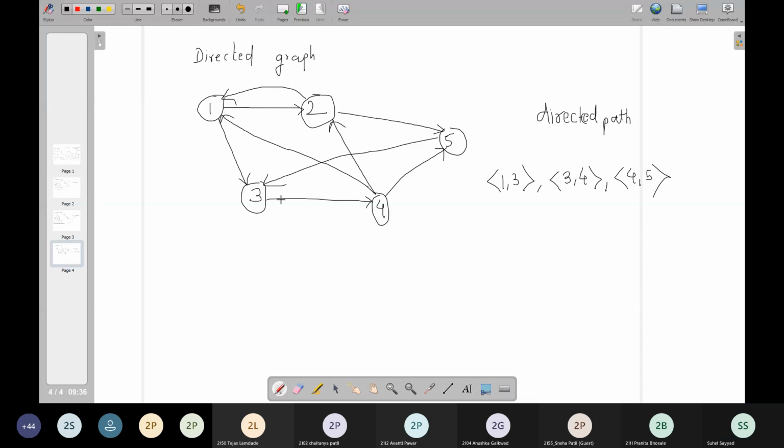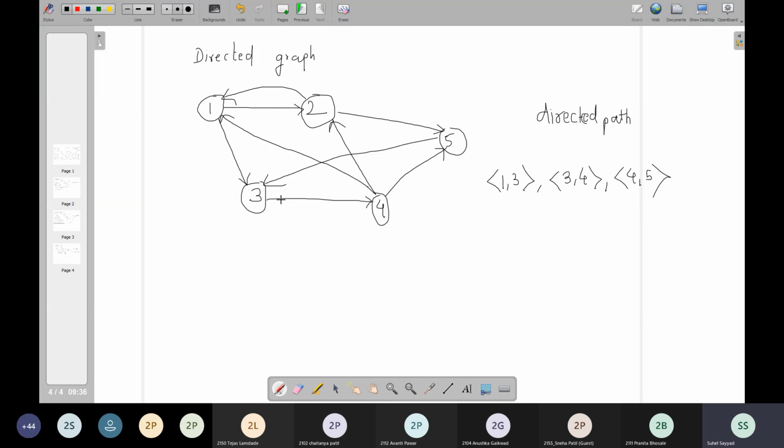So the same edge cannot be used for both directions. Every edge will have an independent direction that will be mentioned. Is it clear? So the path will be directed: edge (1,3) followed by (3,4) and followed by (4,5). So these three edges can be called a directed path in this example.